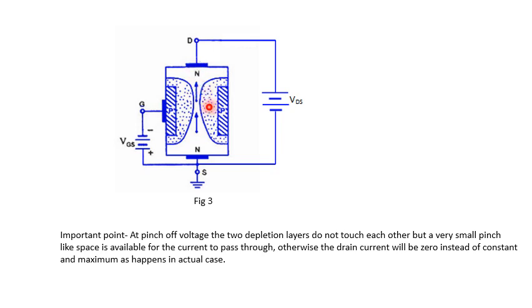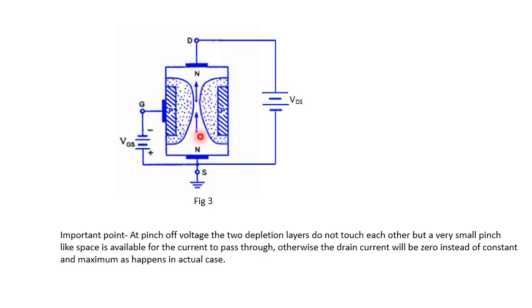The only thing is that as soon as the current tries to increase due to an increase in VDS, it also increases the width of the depletion layer, so that its tendency to increase is counterbalanced by the depletion layer's tendency to decrease the current due to the decrease in the width of the channel.